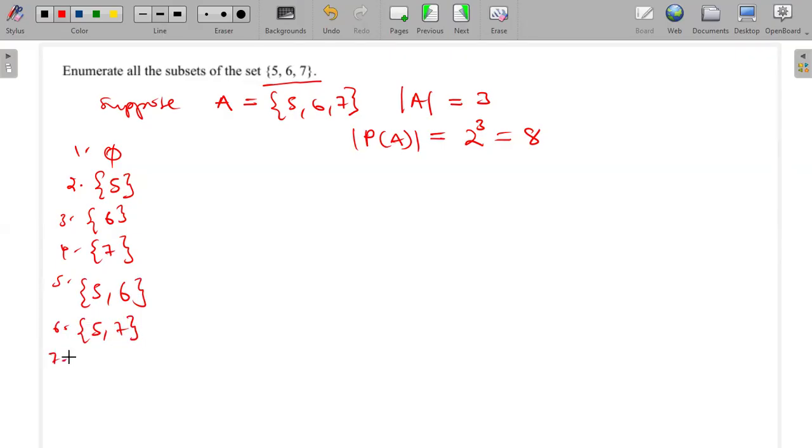Then I go to the one that contains the elements 6 and 7. Then we also know that every set is a subset of itself. So it means that the eighth subset is going to be 5, 6, 7. Okay, and this here lists down all the subsets of this set. Right. Let's move on to the next question.